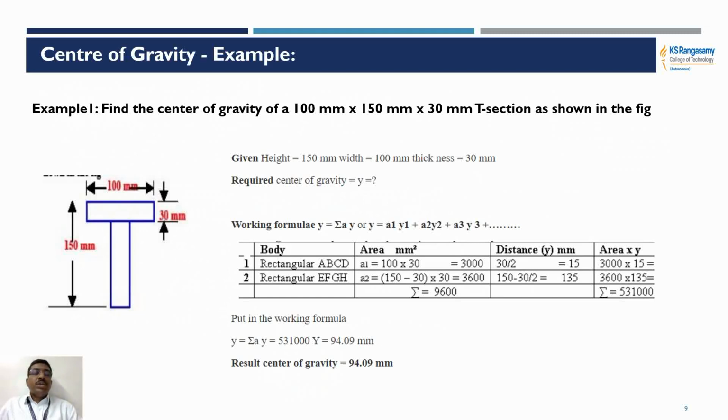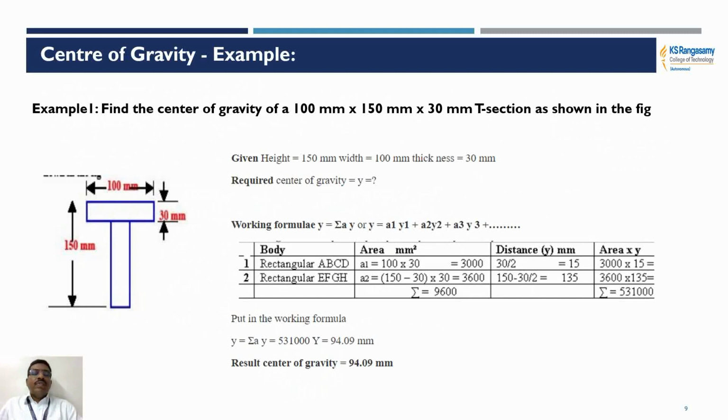For the web portion dimension, from the height 150 mm we have to neglect the 30 mm flange thickness. So the web portion dimensions are 120 mm by 30 mm, and the area is 120 into 30, which is 3600 mm square.